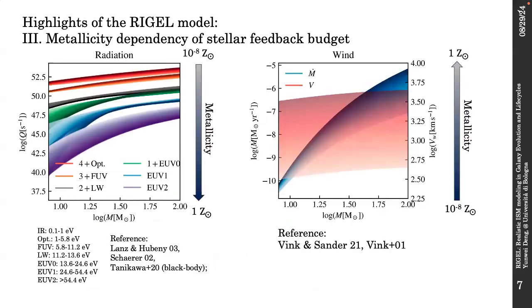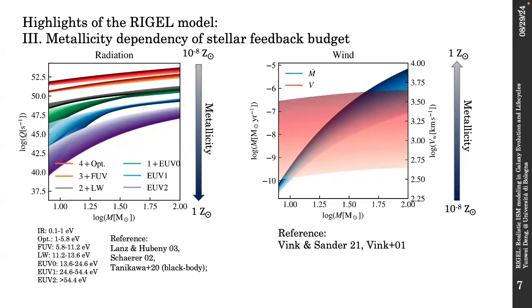So the last part is that we now have our code ready, but to model the stellar feedback, we need a more accurate stellar feedback model. To do this, we model the stellar feedback star by star by sampling individual massive stars from the initial mass function, and we compile a library of radiation and wind properties as a function of the star's initial mass and initial metallicity.